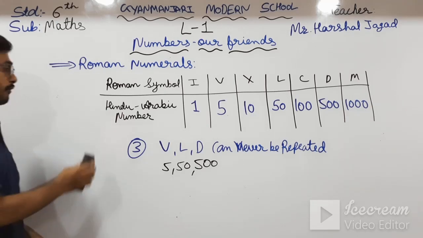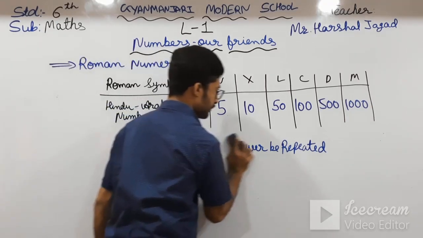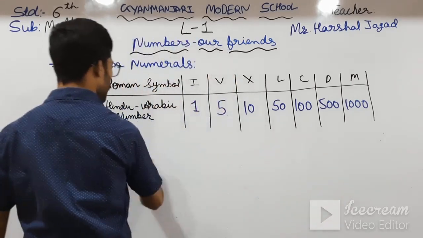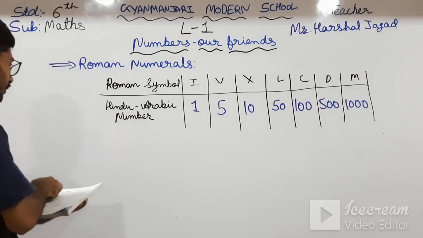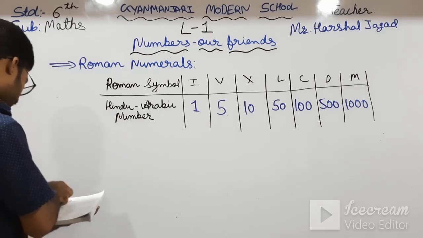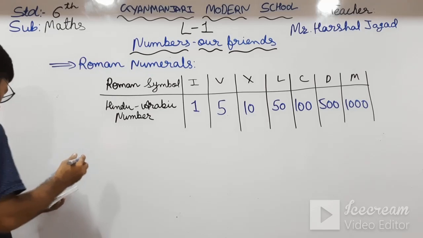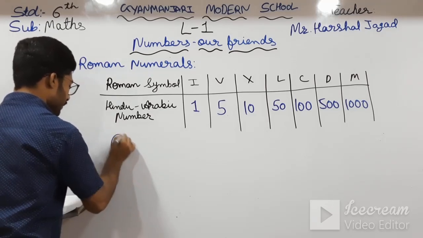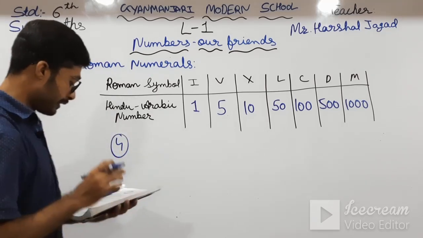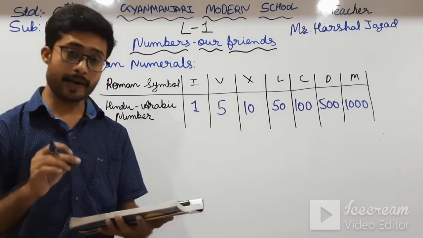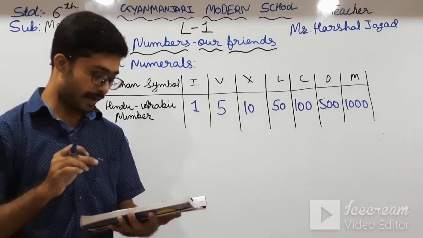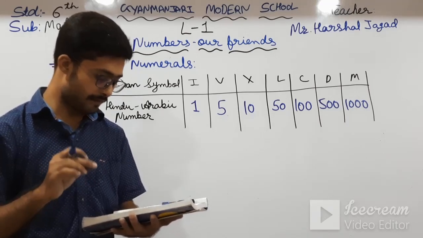And rule number 4. If a symbol with smaller value is written on the right of a symbol with a greater value, then its value is added to the value of the greater symbol.